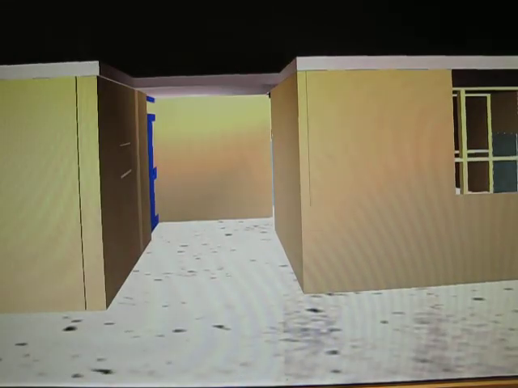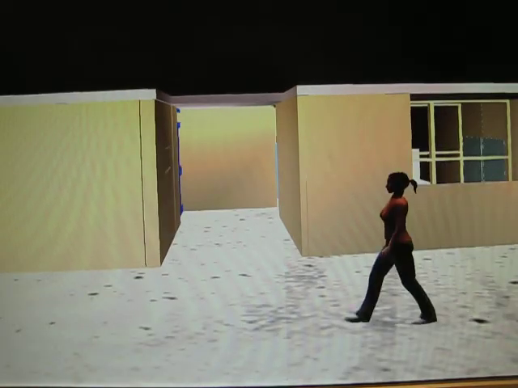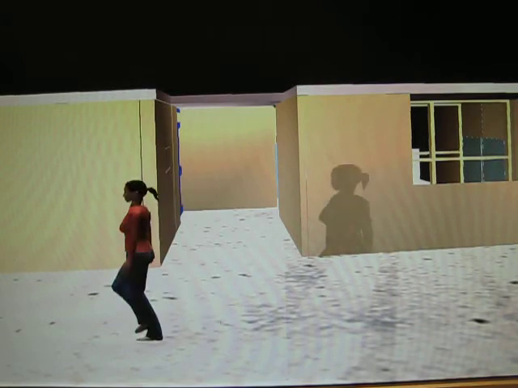What you see here is the specific environment that I created by myself. I modeled each and every wall. You can see all the walls, rooms and doors, which I combined to make one single environment in an editor known as Hardy 3D Scene Editor.